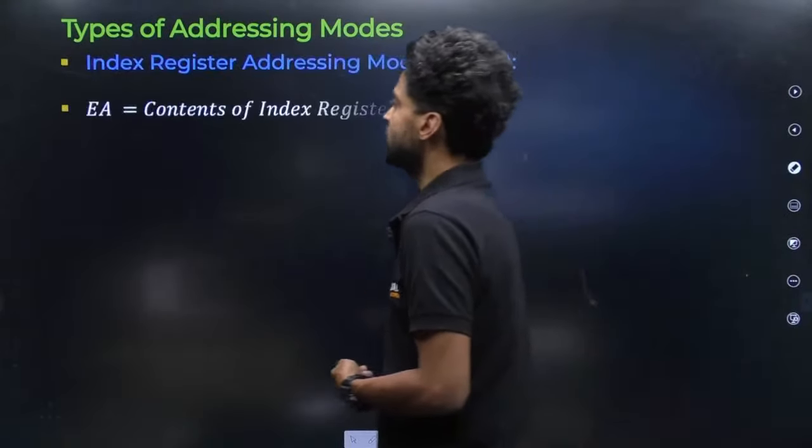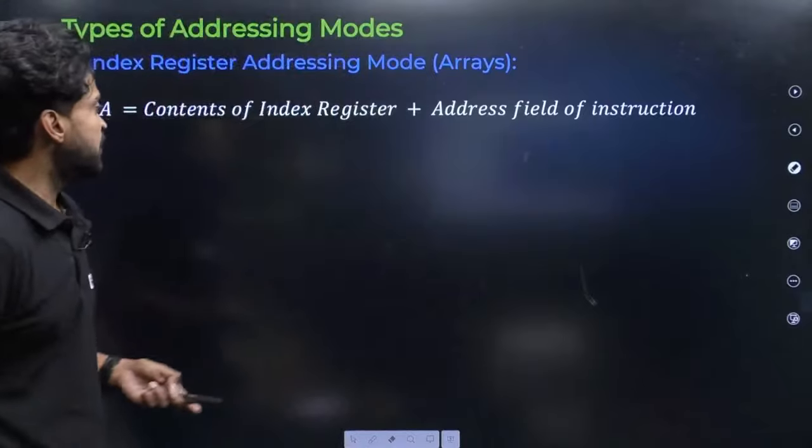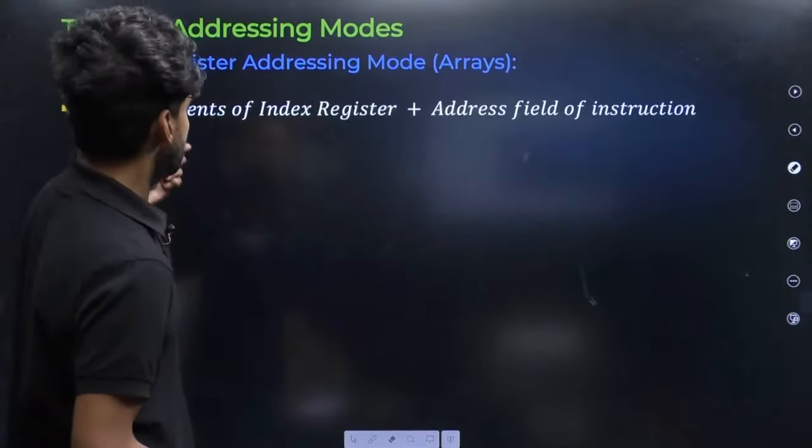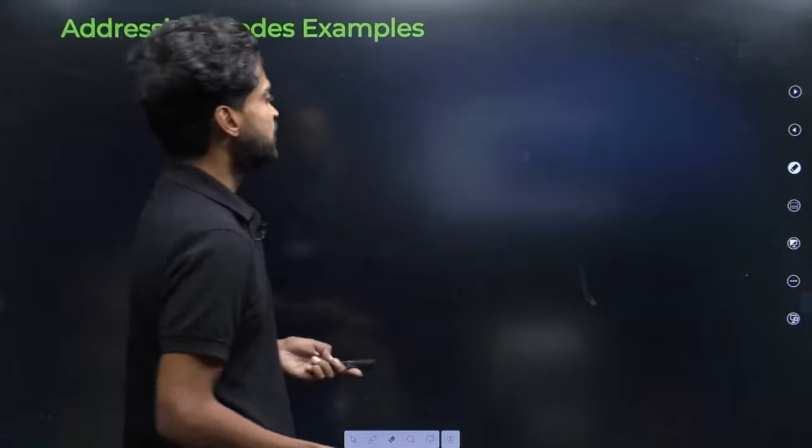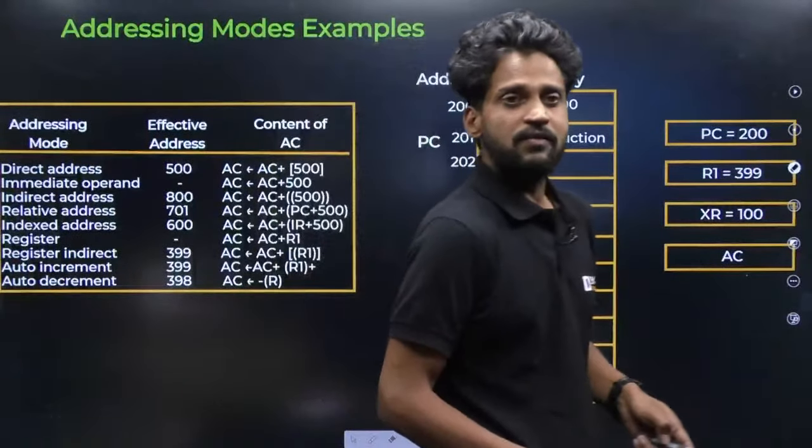Next is the index register addressing mode. The effective address is the contents of the index register plus the address field of the instruction.